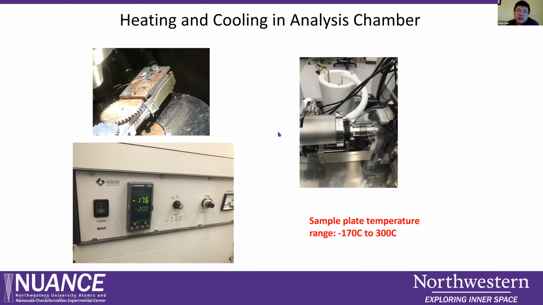Okay, the last thing I'll show you is that we also have a heating and cooling stage. You can heat up to 300 C, and you can also use liquid nitrogen to cool down to minus 170 C. You can do the heating and cooling in the analysis chamber, so you can do in situ analysis.